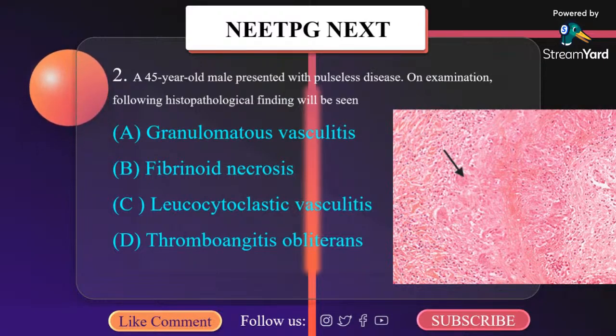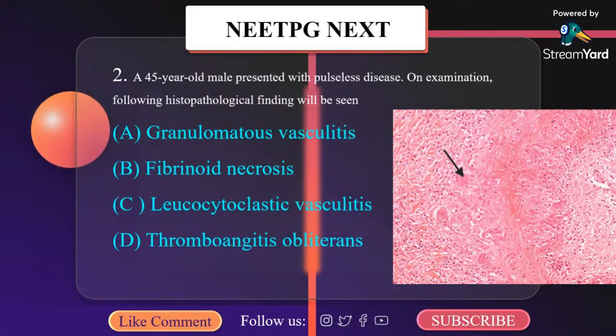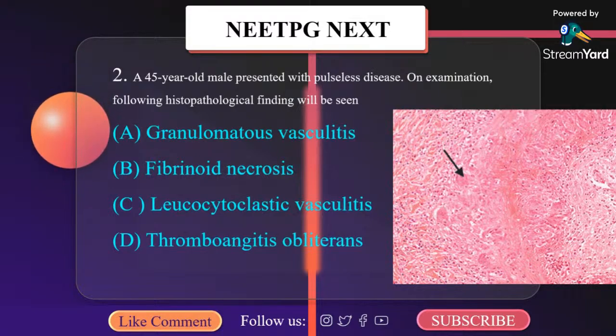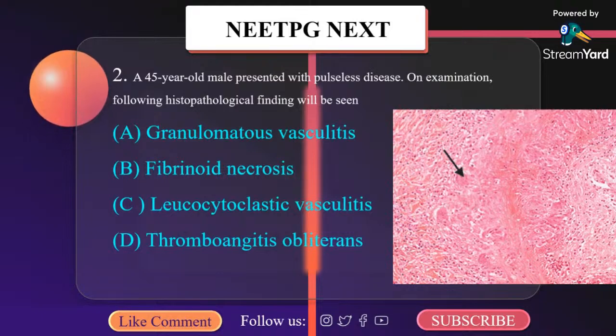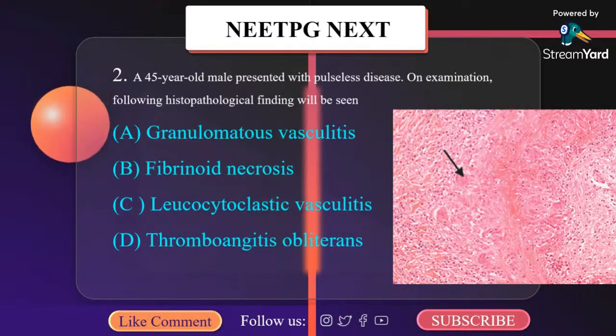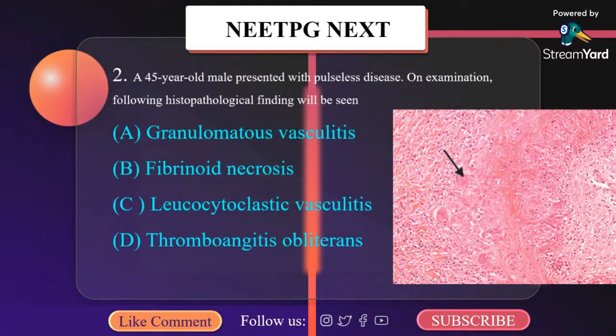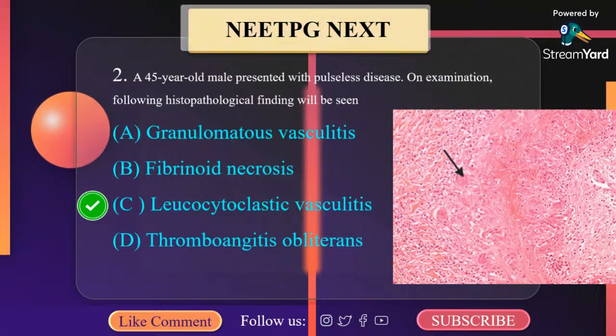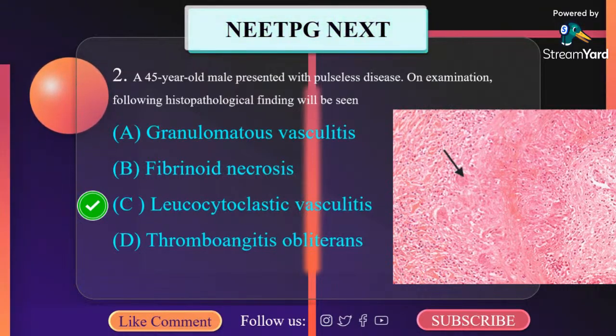D. Thromboangiitis obliterans. Well, it is granulomatous vasculitis.